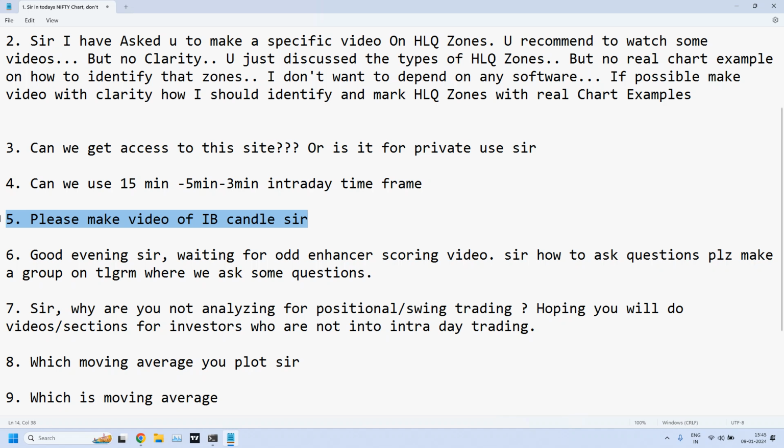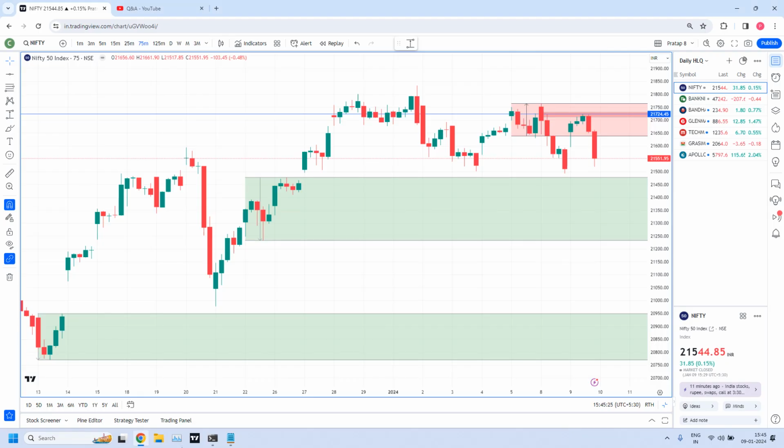By using that concept, reversal bar, I have predicted the fall that happened in 2021, I think in the month of November. Let me open the Nifty. Let me go to the daily time frame.